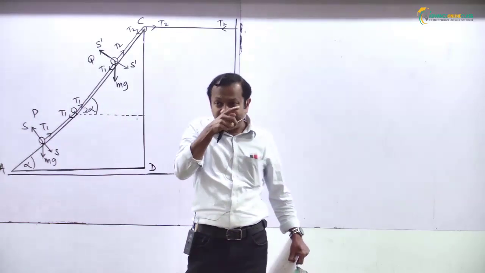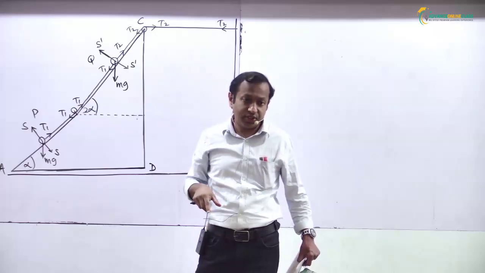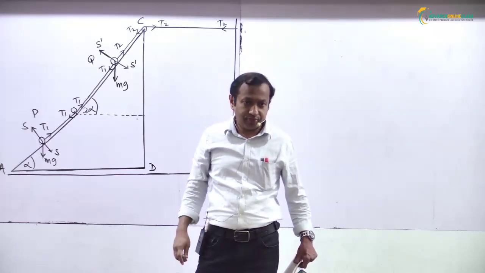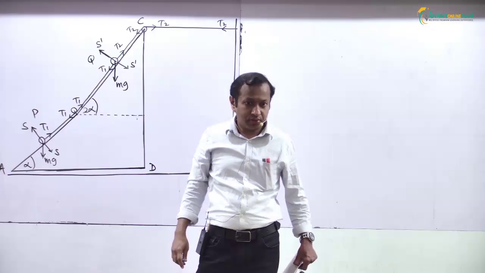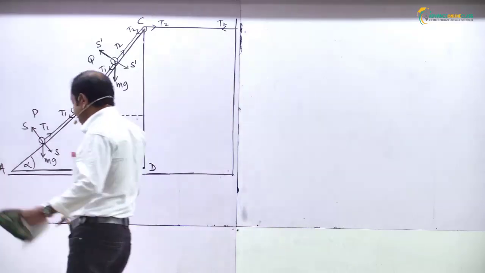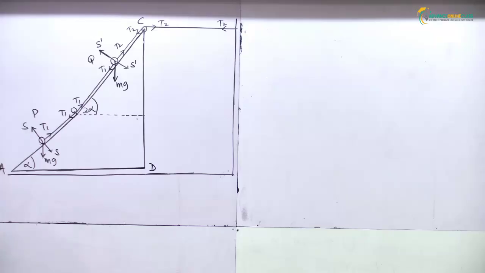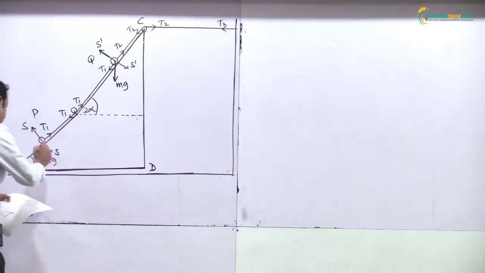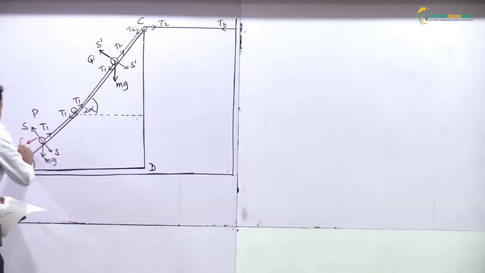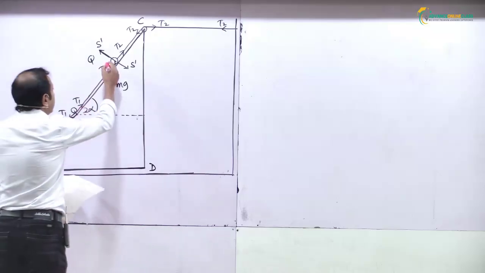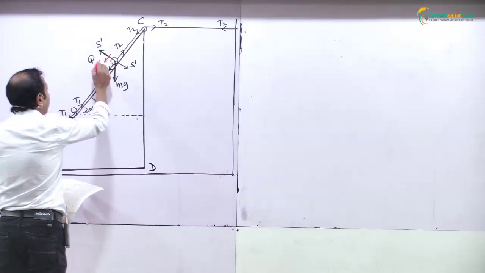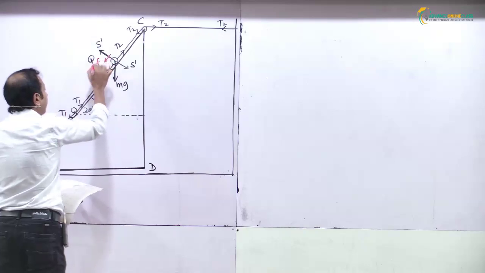At the ends of the string, the velocities and accelerations are the same. If I take this acceleration as a simple f, this should also be f, relative to the wedge.